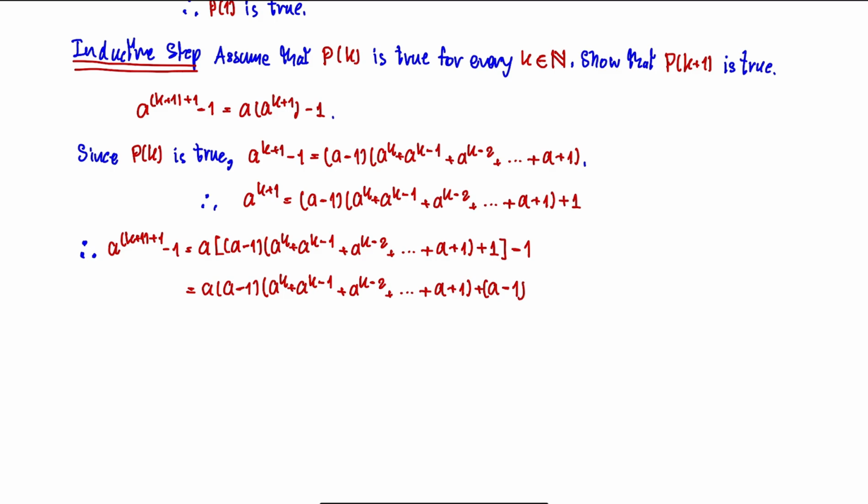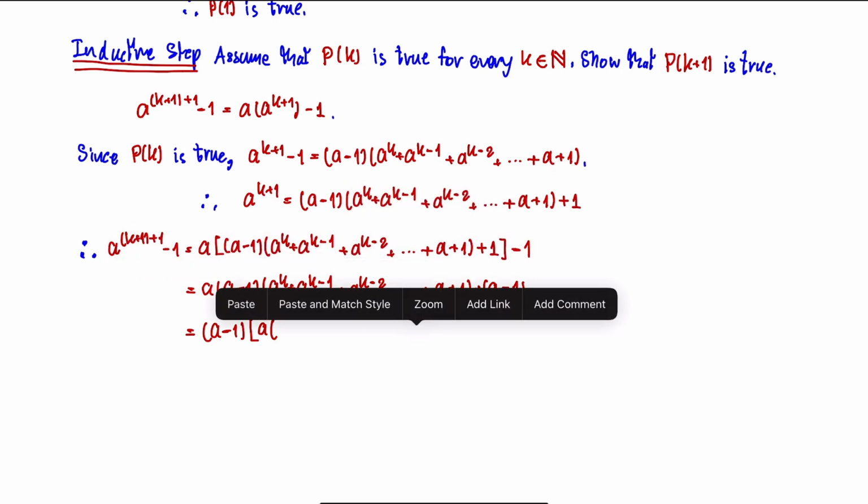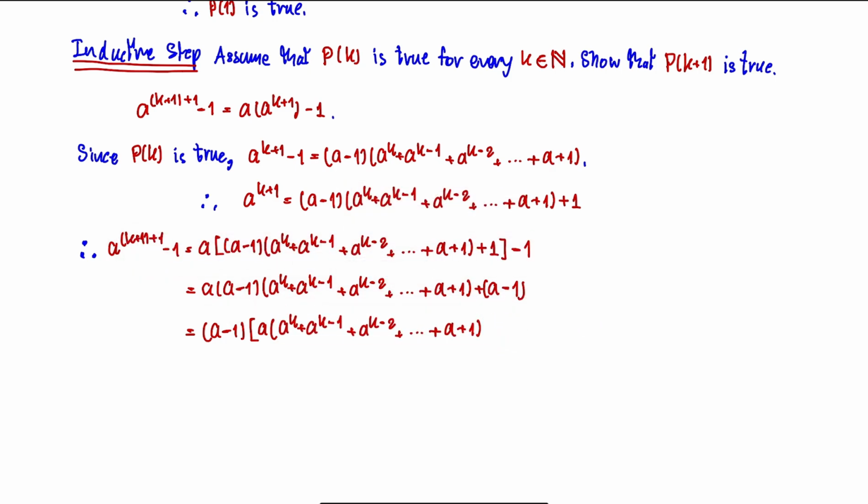And we distribute a to plus 1 right here, so we've got a minus 1. And what do we have? We have a minus 1 here, so we factorize a minus 1. So we've got a minus 1 times a times this guy right here, and plus 1.